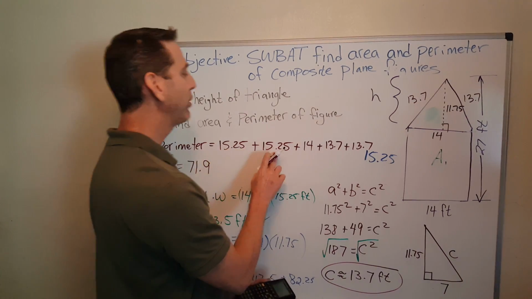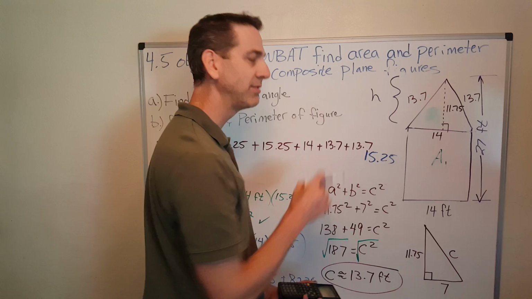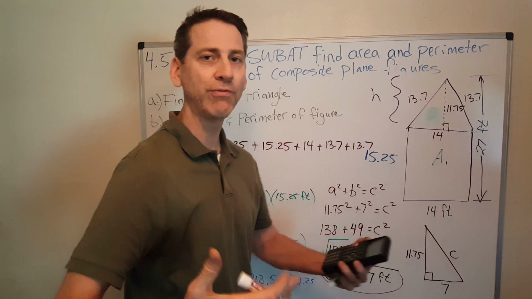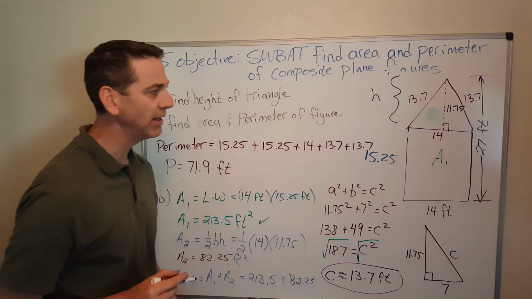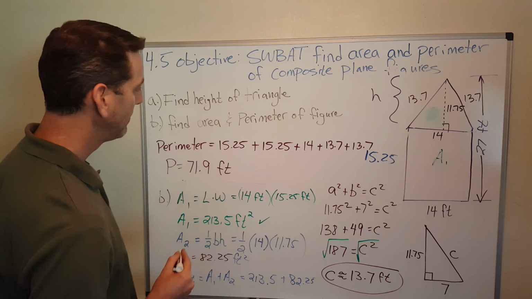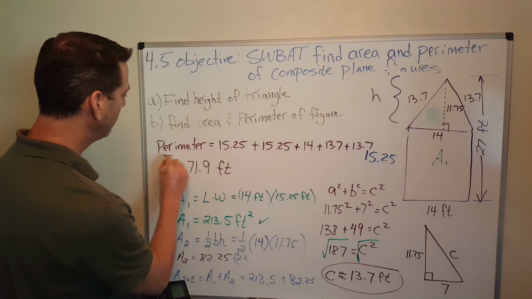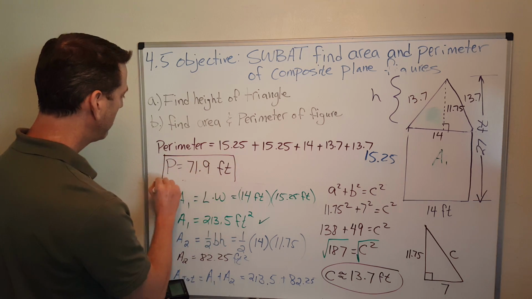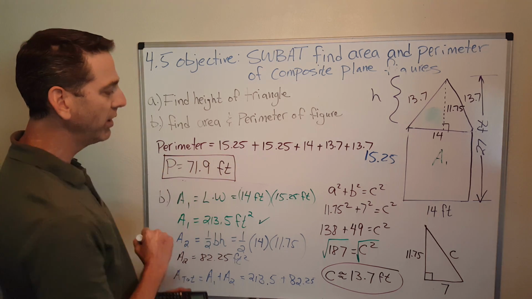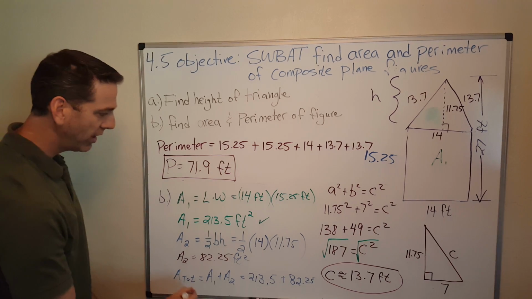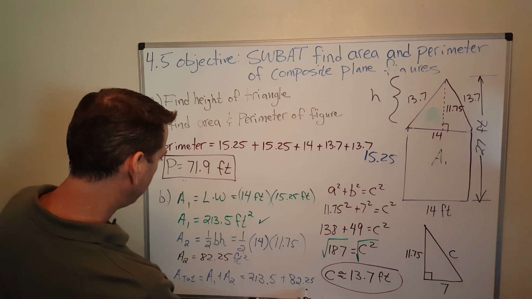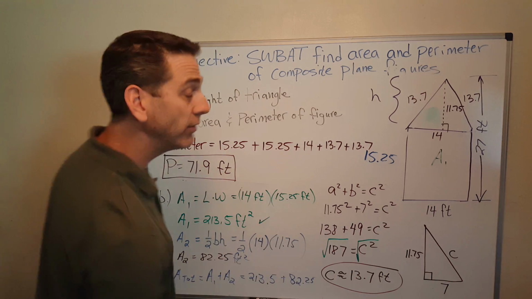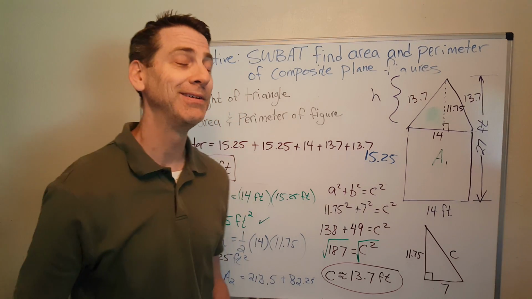Now this is feet plus feet plus feet plus feet plus feet. We're just adding feet, right? So the perimeter is going to be in feet. All right, and that seems pretty reasonable. So my perimeter is 71.9. My total area was, well, I erased it, but you can find it.